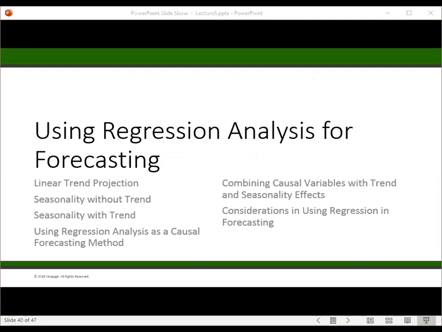To look at regression in time series forecasting. Now in chapter 7, we looked at regression between independent variables. Here we're looking at regression with a dependent variable and time.